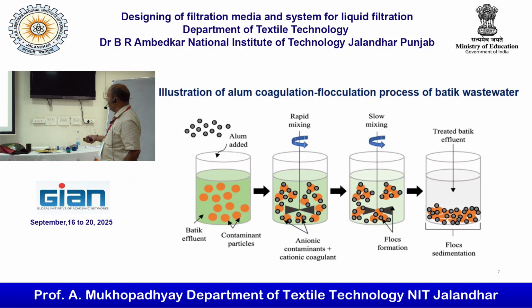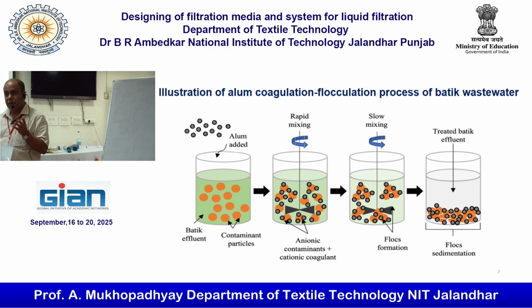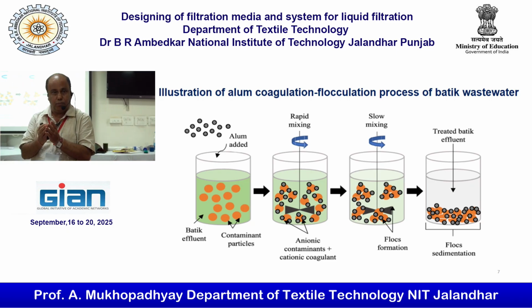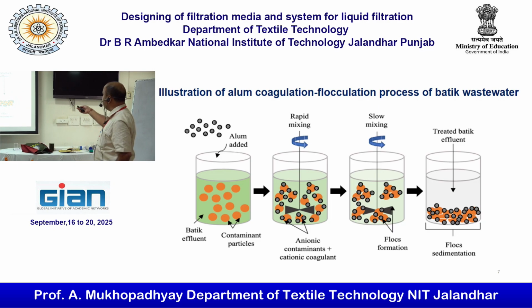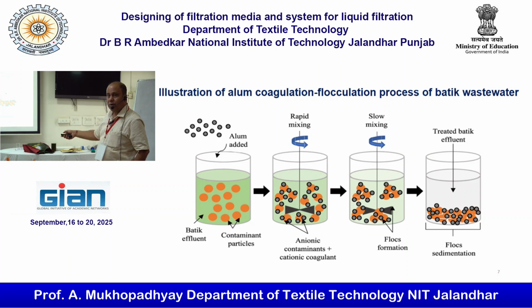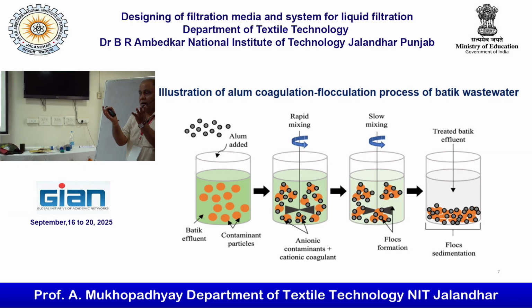Contaminants are normally negatively charged, and cationic coagulants, being positively charged, can neutralize the charge present in the material, so they can come closer and finally form flocs. After charge neutralization, they become bigger, so they can be separated very easily as large flocculants.